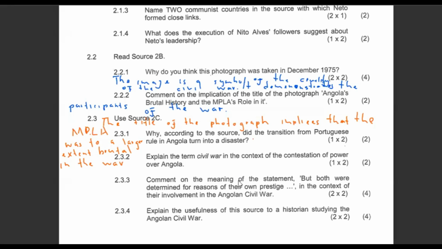If you go back to the source, it says that when the Portuguese withdrew from Angola, there was no preparation for transition of power.